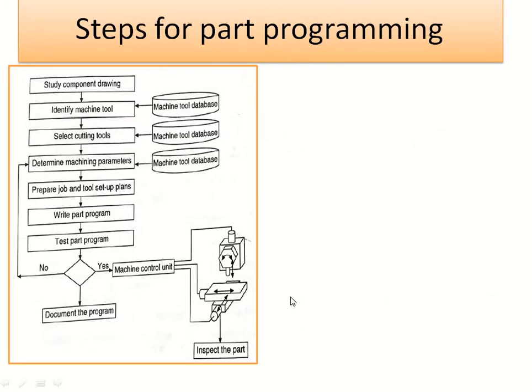The steps of part programming: first, study the component drawing. Second, identify the machine tool with the help of the machine tool database. Then we select the cutting tools from the database, depending on the type of machine. Next, determine the machining parameters required for drilling, milling or the different operations in milling.